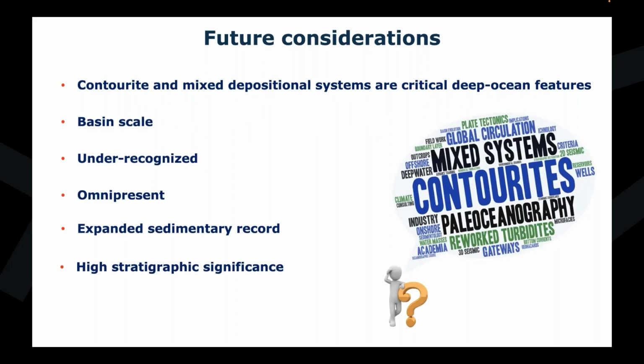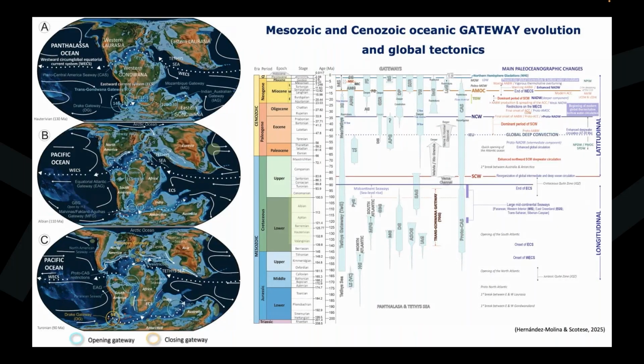Very high stratigraphic significance. We started to know that through time, these contourite systems are especially abundant in specific time intervals. And something that for me is the last, very important, the tectonic aspect of this. There is a close link between the onset, the growth, and the end of this depositional system with tectonics, and also with the evolution of the gateways.